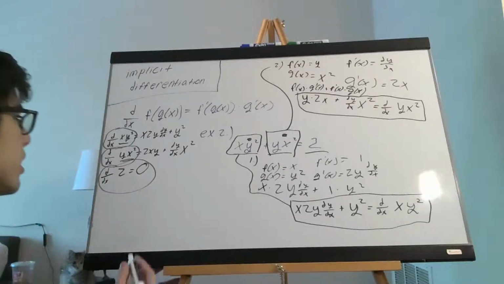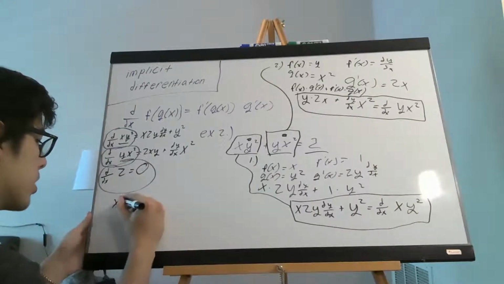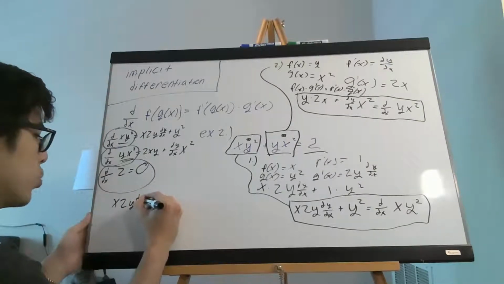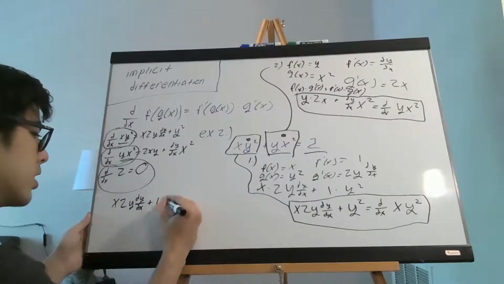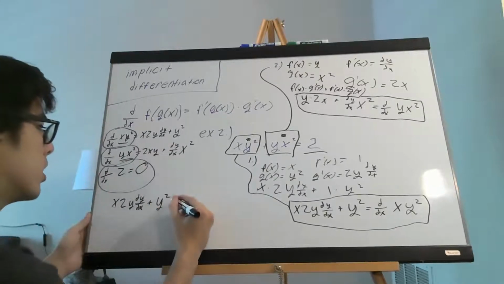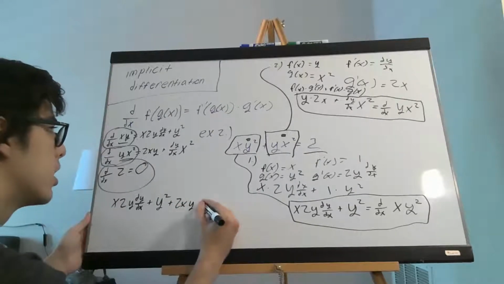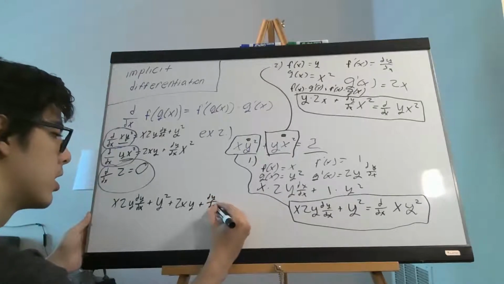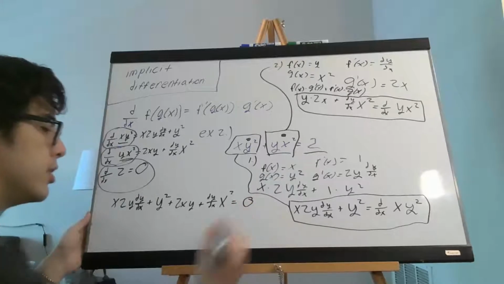So what this is going to give us is x times 2y dy/dx plus y squared plus 2xy plus dy/dx x squared is equal to 0.